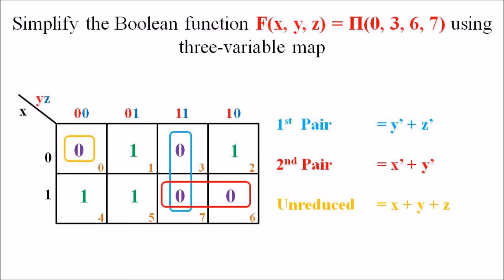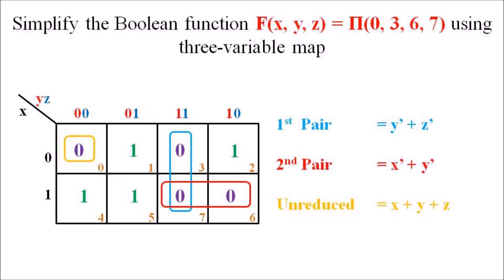The variable x changes from 0 to 1 as we move from row 1 to row 2. That is, the value of x is 0 in row 1 and 1 in row 2. Thus, this variable cannot be considered in the final reduced set. So the x value can be ignored in this case.